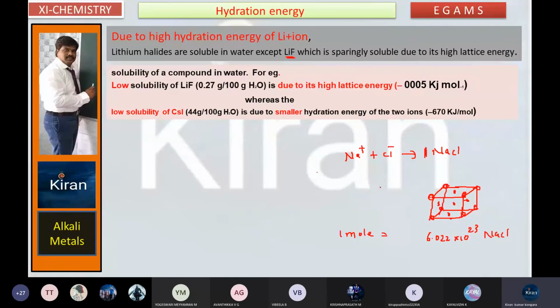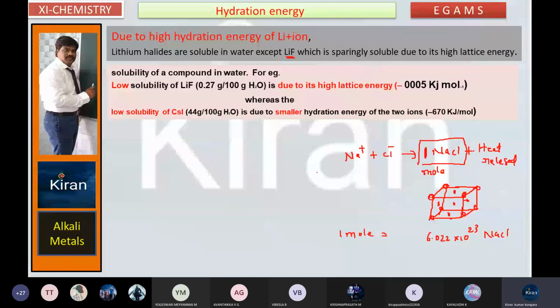When that happens, some heat energy is released. The amount of heat energy released when 1 mole of ionic crystal is formed, not 1 NaCl, 1 mole I am saying. At that time some heat energy is released.